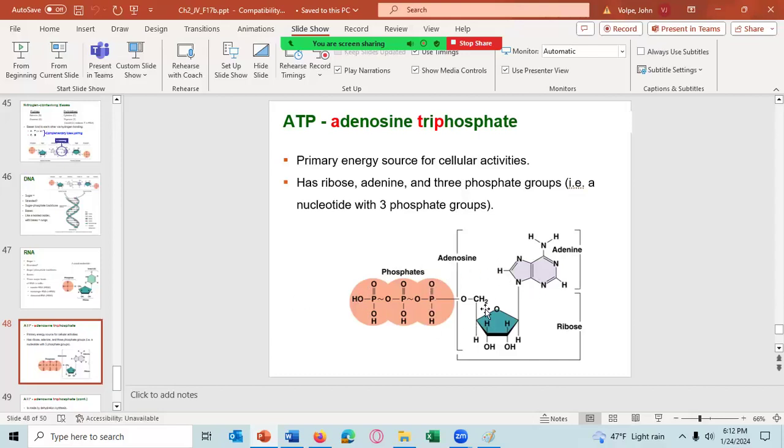It's not an ATP anymore, but it's actually ADP, but we'll just say the remainder of the ATP. If the cell needs more energy, it can break off the second phosphate group because it's bound to the first phosphate group with another high energy bond.